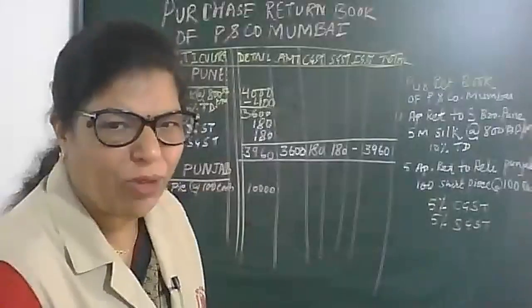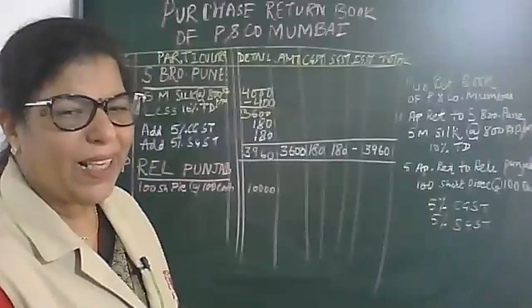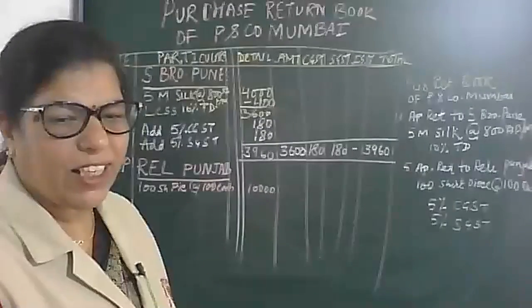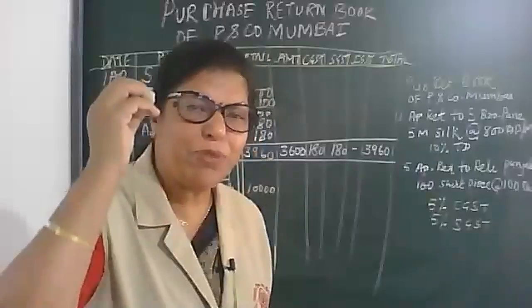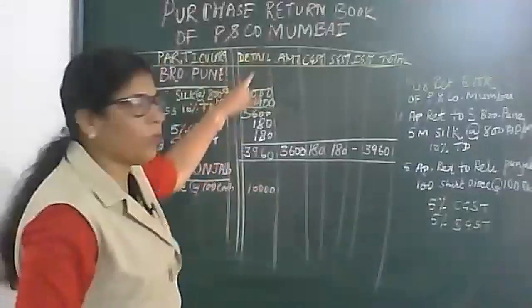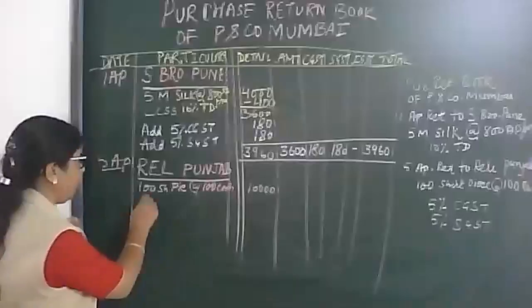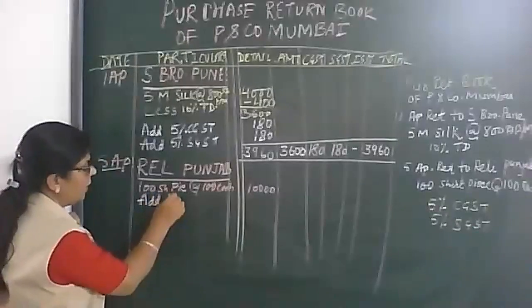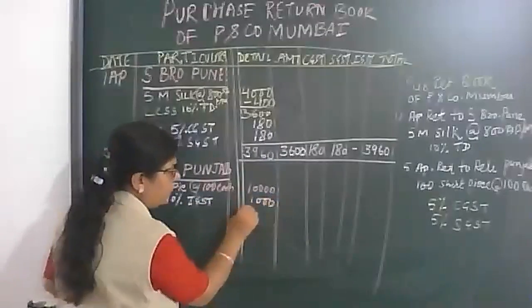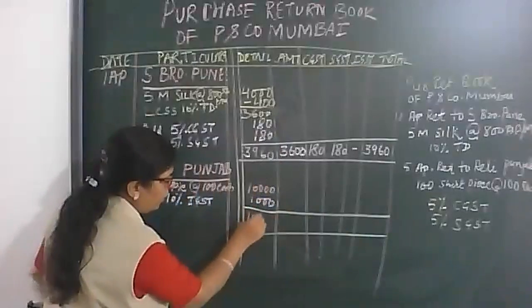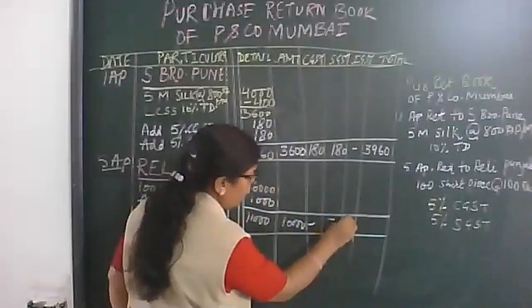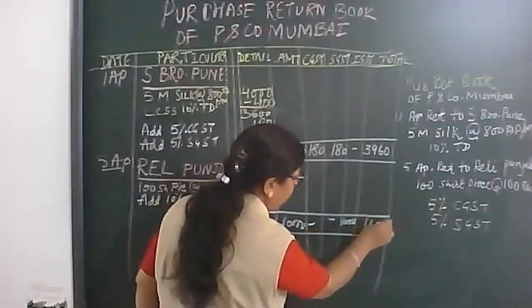The dealing is between Punjab and Mumbai. If the state crosses the boundaries, or they are different states, then we have to impose IGST. 10% of 10,000 is 1,000, so the total is 11,000. No CGST, no SGST.